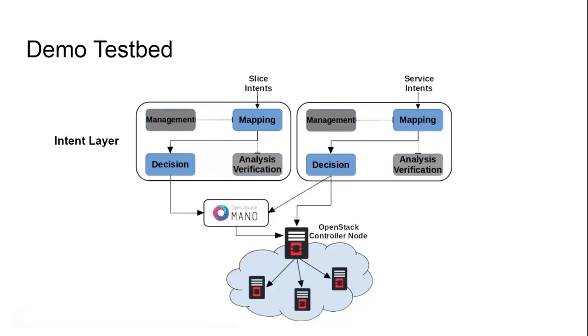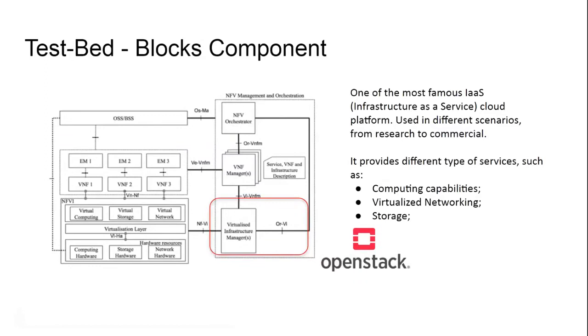And just a couple of words on these two open source projects that we are using. In the next slide, we have a brief presentation of OpenStack, which I think most of you already know, but it is one of the most famous infrastructure as a service cloud platforms, and it is used in different scenarios from research to commercial. It provides different types of services such as computing capabilities, virtualized networking, storage, and more.